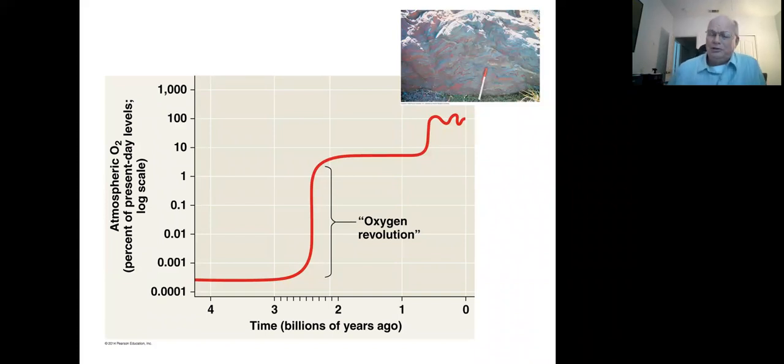But that is still significant because up until this point, life has been anaerobic, functioning in the absence of oxygen. And based on our experience with anaerobic organisms today, the vast majority of anaerobic organisms are killed by the presence of oxygen. Oxygen is extremely reactive.